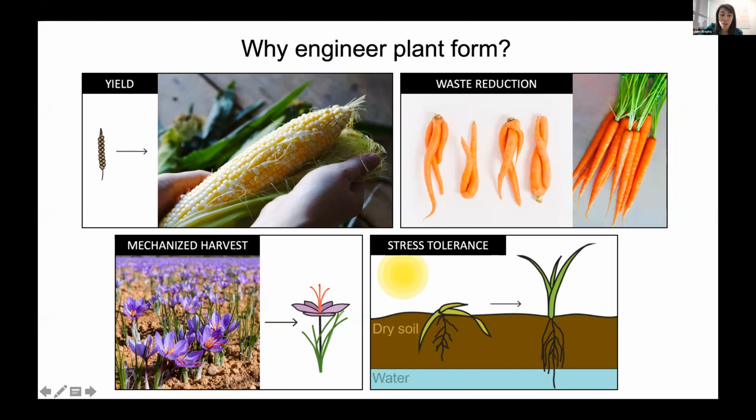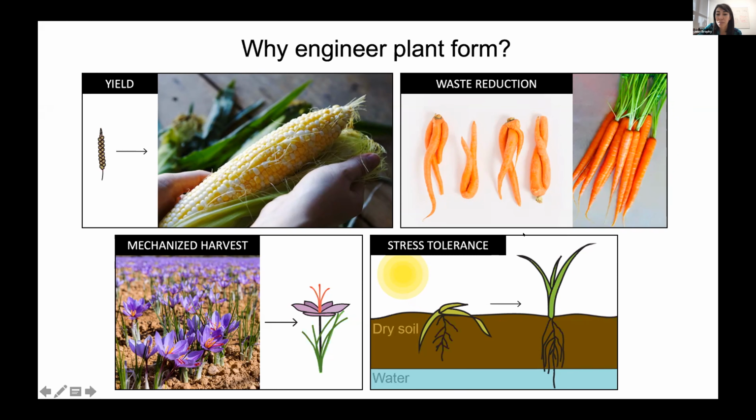So I'm showing here saffron flowers, which are one of the most expensive food crops we have today, in part because it requires hand harvest of all of the portions of the plant that we like to eat. And so if we can change the structure of this flower so that it presents the portions that we want to collect in a way that make them amenable to mechanized harvest, we may be able to reduce the cost and labor that go into producing some of the food crops that we rely on.